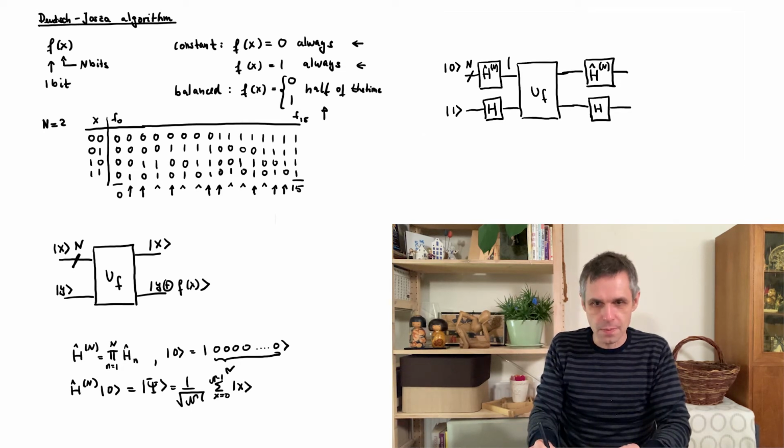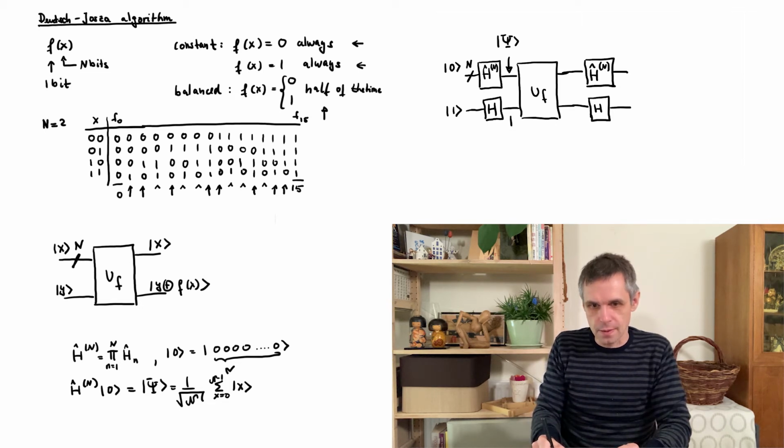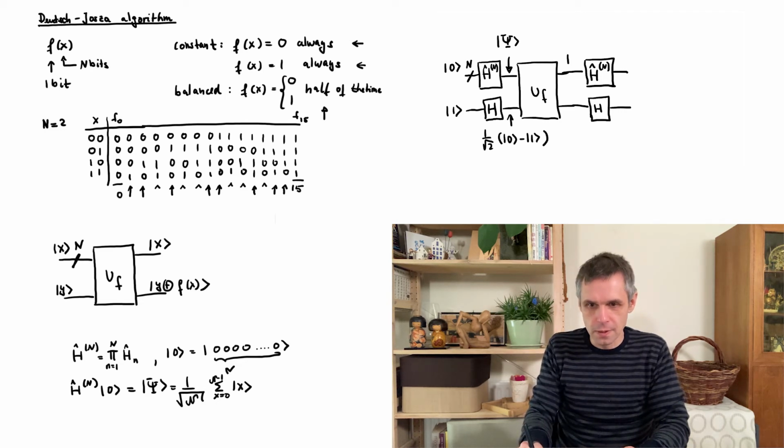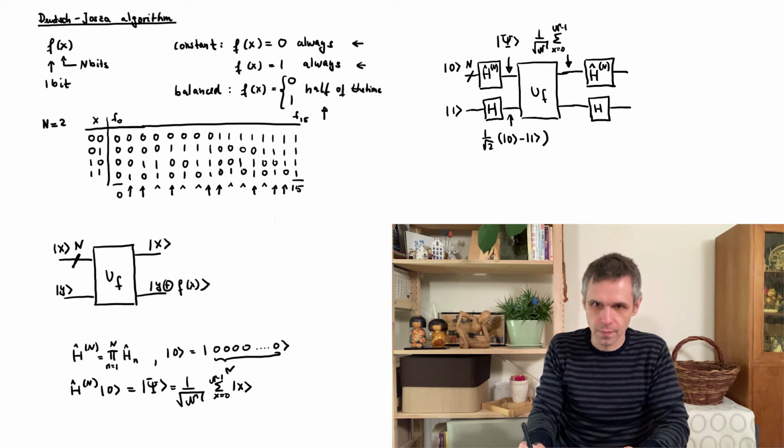So this means that at this point we have this state capital psi. And down here we have this superposition that we always use to mark states. So at this point we will have marked all these states, giving us a superposition of all the computational basis states, but with these factors here in front.